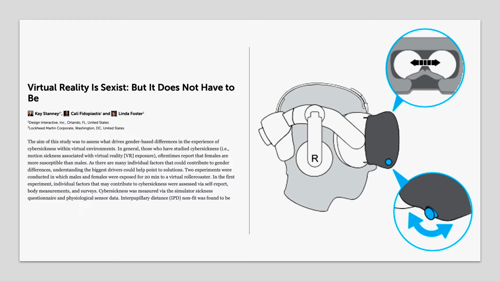Yes, I think this is the last example. This is an example of virtual reality glasses where you wear them and you're supposed to be in a virtual world. This paper is called Virtual Reality is Sexist, but it does not have to be. The problem with this headset is that it needs to align with the distance between your eyeballs, right?